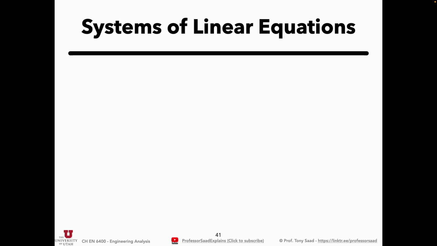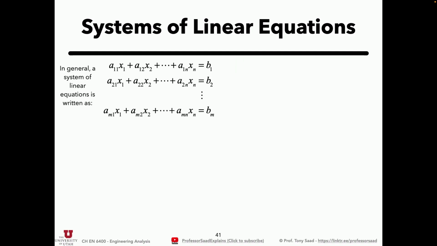In general, systems of linear equations are written for a large number of equations, and you should have as many equations as you have unknowns. The general nomenclature we write is that the matrix has 2 dimensions in it: rows and columns.